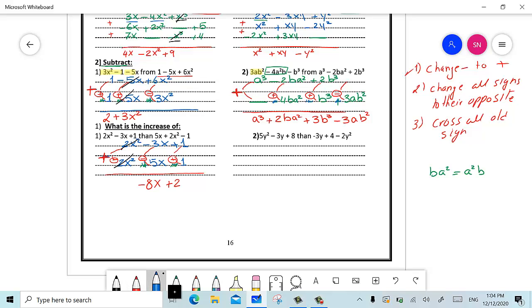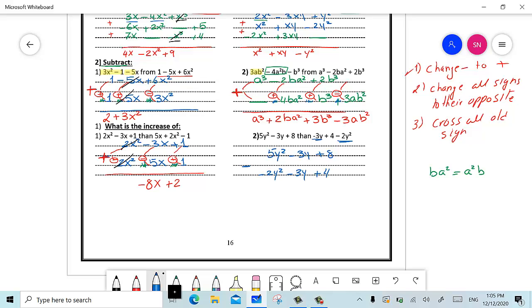So I'm going to make the first expression, which is 5y squared negative 3y plus 8, and I'm going to subtract from it the second expression and arrange it in the same way. So the term having y squared is negative 2y squared, so I'm going to write here negative 2y squared, and the term having y is negative 3y, so I'm going to write here negative 3y, and the absolute term here is positive 4, so I'm going to write here positive 4.